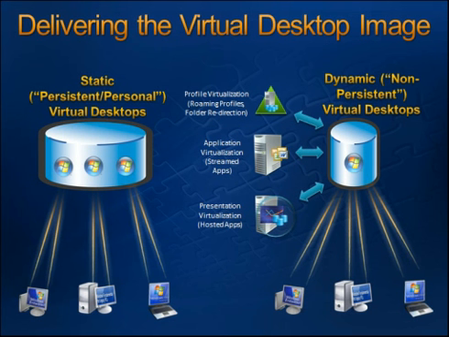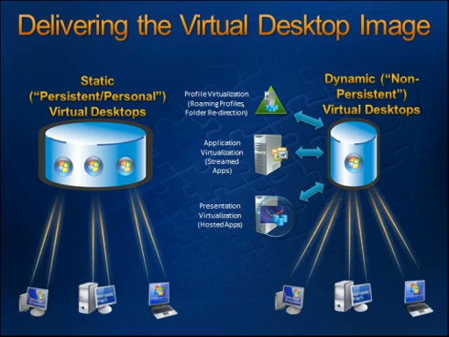Another term we normally use for static virtual desktop is persistent or personal virtual desktops. What static or persistent virtual desktop means is you can map one virtual machine to one user. That means each user will have their unique virtual machine.